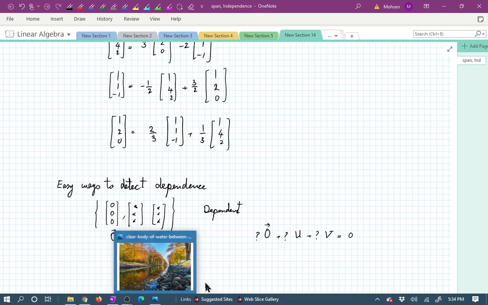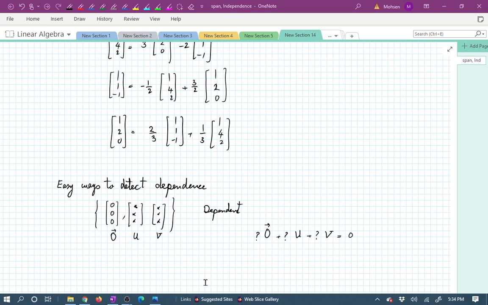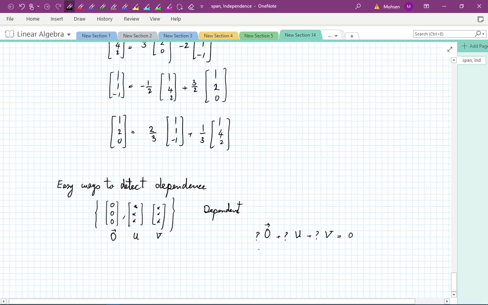Yes, I can. Just pick one of the 0 vector and none of the u vector and none of the v vector. Now my coefficients are not all 0 because one of them is 1. However, I picked the other ones equal to 0, so this is definitely 0, and it shows by our definition that the set is dependent.